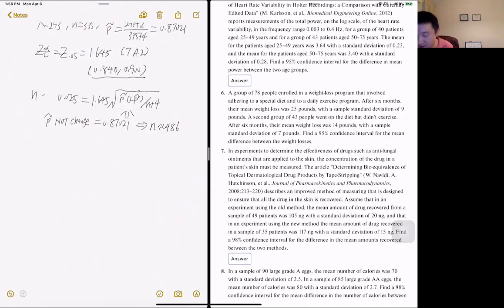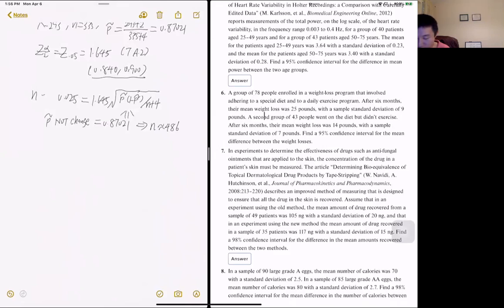A group of 76 people enrolled in a weight loss program that involved adhering to a special diet and a daily exercise program. After 6 months, the mean weight loss is 25 pounds, with a sample standard deviation of 9 pounds.